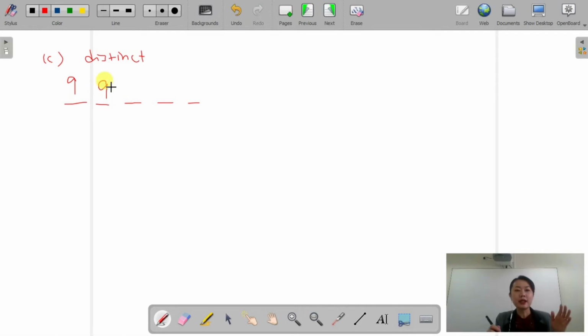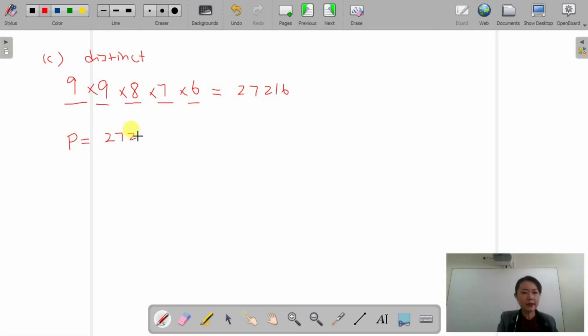Because you have 0 to 9, and you've used that one digit, you have 9 digits. Then you have 8 digits if it has to be different, and then 7, 6. That should give you 27,216. So the probability will just be that number over 90,000, which is 189 on 625.